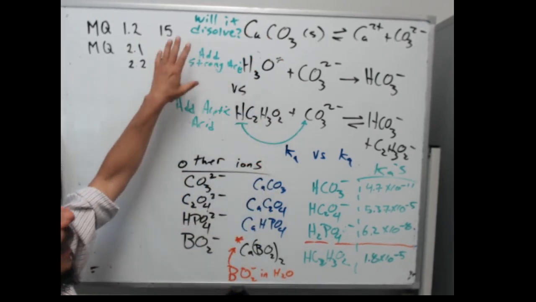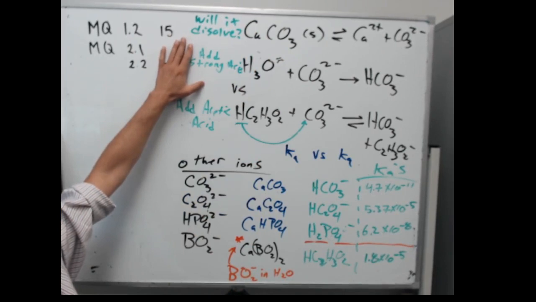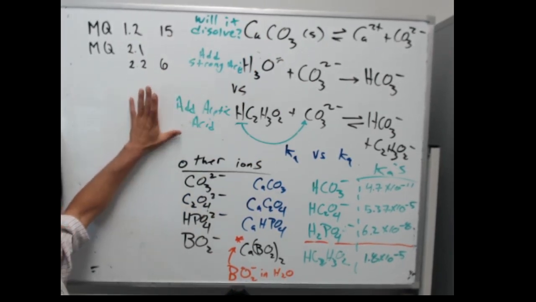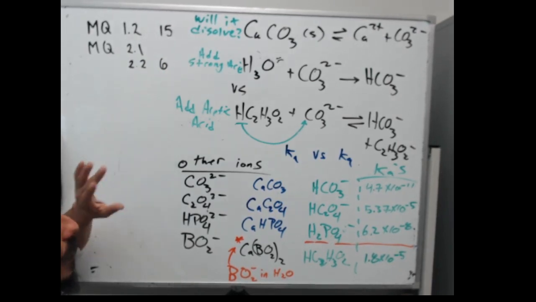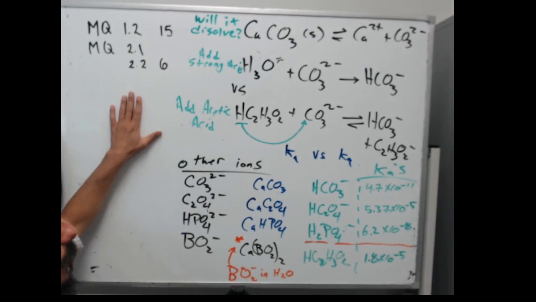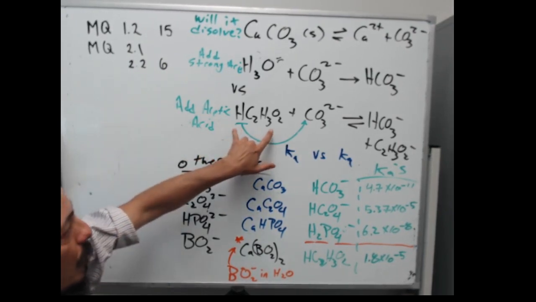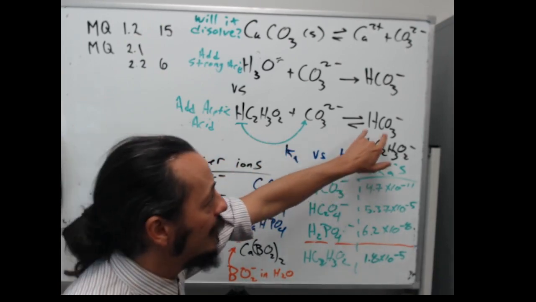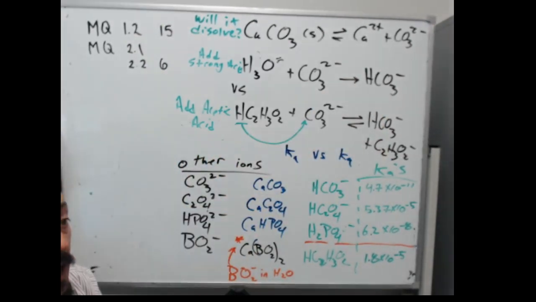And we can make the side reaction happen with a strong acid for sure. And the question was, can we make the side reaction happen with a weak acid? And the only way we can make the side reaction happen with the weak acid is if we use a weak acid that is stronger than the conjugate acid of the solid's anion.